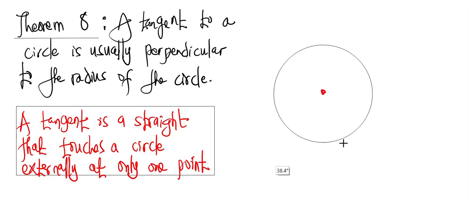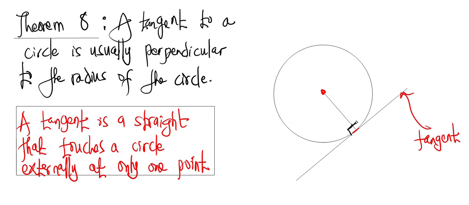So let's have a tangent. So this is the tangent. It touches the circle outside, externally, at only one point. Then we can have the radius: the distance from the center to any point on the circumference. So the radius and tangent make an angle of 90 degrees to each other. So the tangent to a circle is usually perpendicular to the radius of the circle.